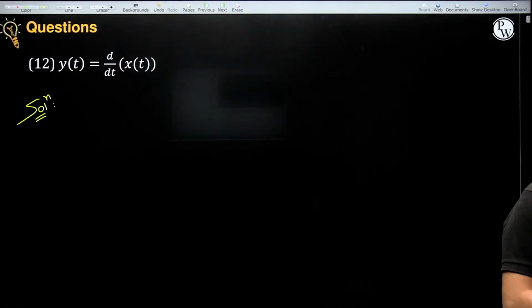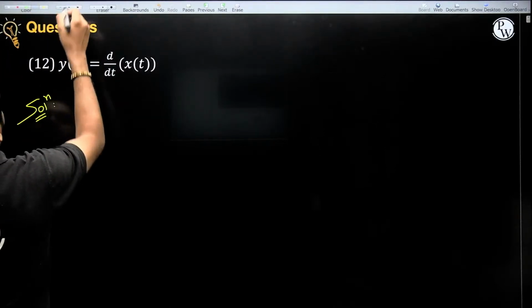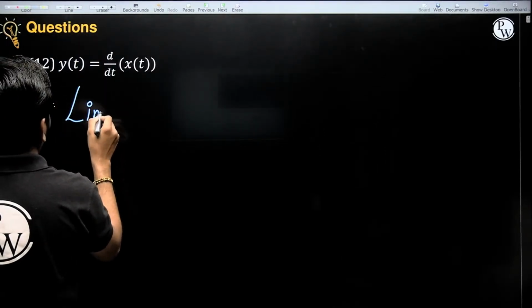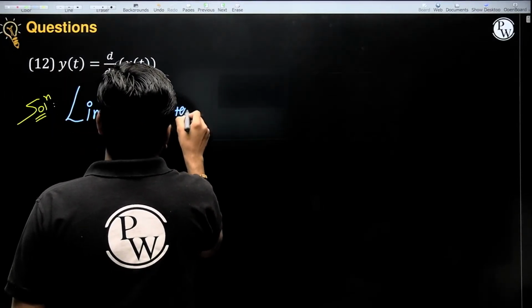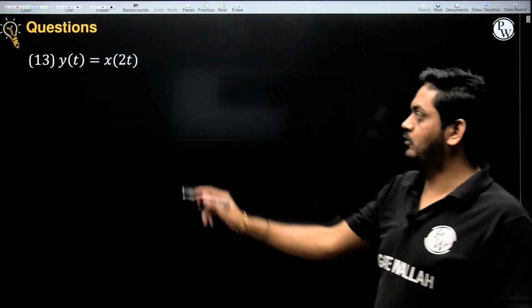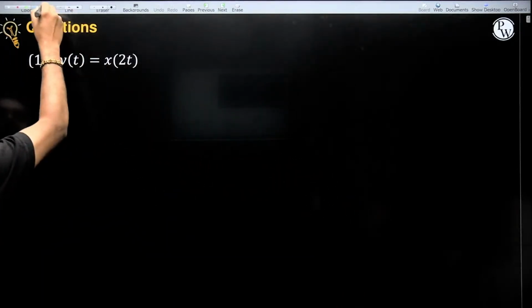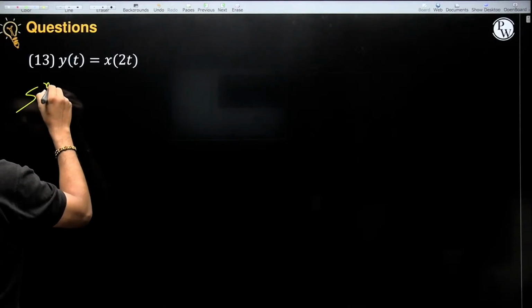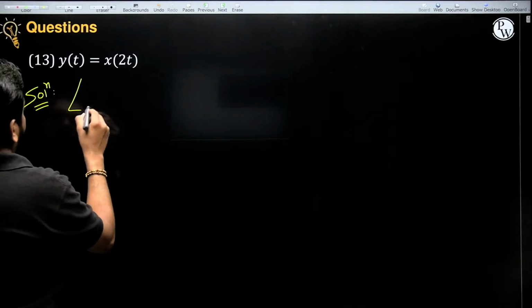Very good. Yes, differentiation is also linear. Next, question number 13. Y of t equal to x of 2t. I just told you about this. Tell me, is the operation performed on the amplitude of the given system linear or non-linear? Yes, very good.